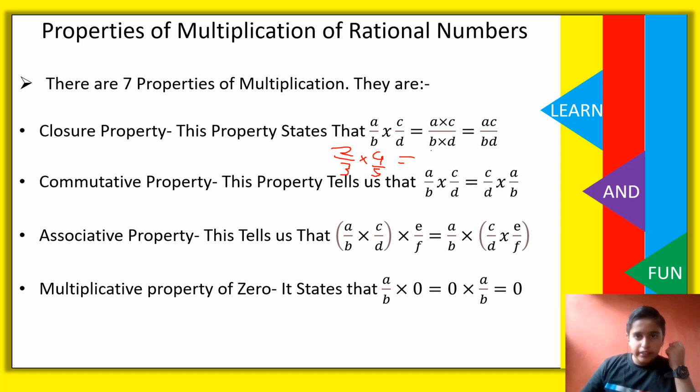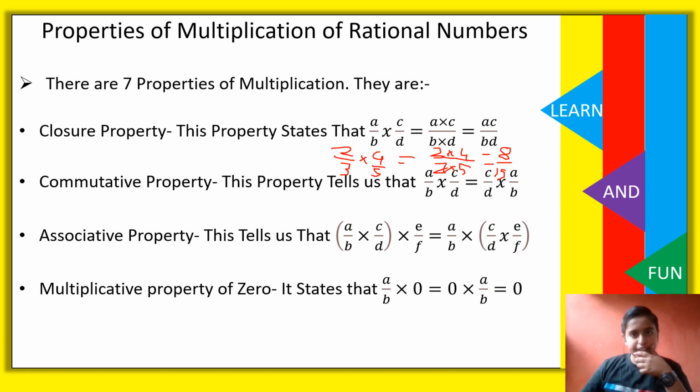That means 2 into 4 upon 3 into 5. AC is 2 into 4, which is 8, upon B and D, which will be 3 into 5, which is 15.